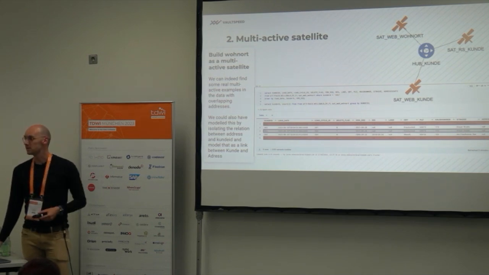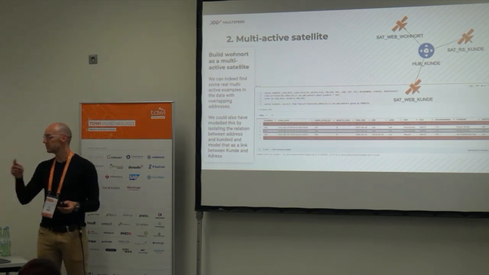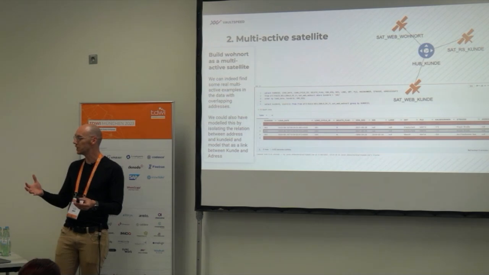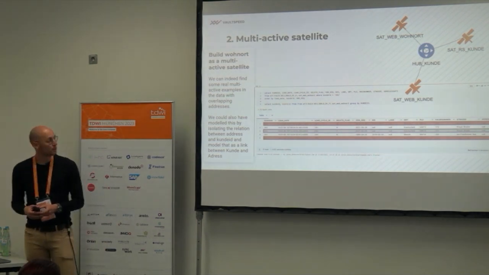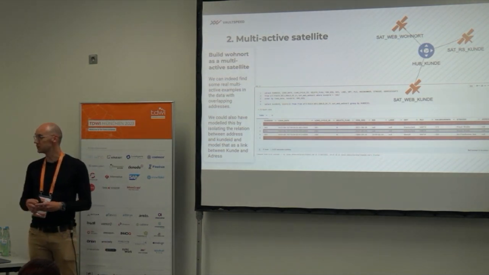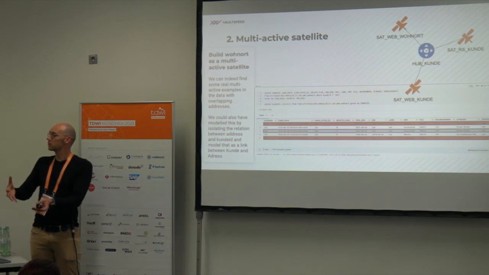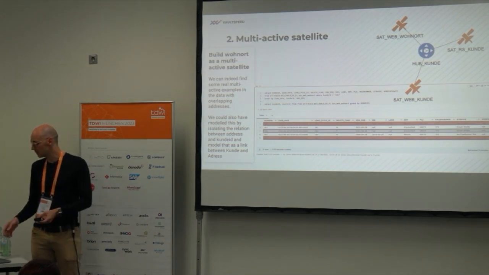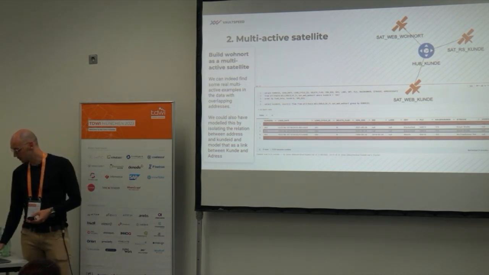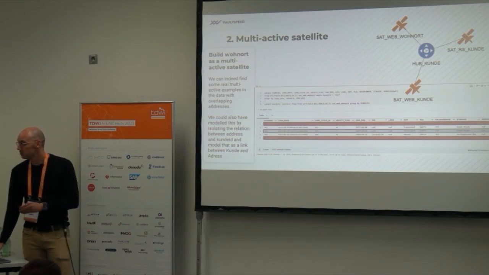But they were in the data set, and having multiple addresses for a customer is one thing, but here it's really multi-active, because you couldn't even distinguish. You couldn't have one customer at that address if you selected and used the from date as well. So a good example of why you needed this multi-active.